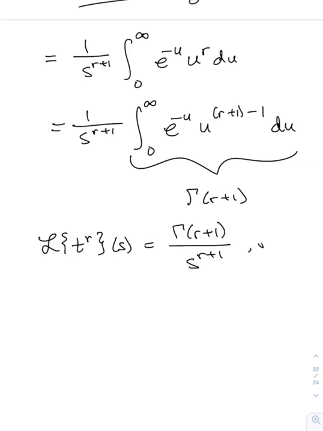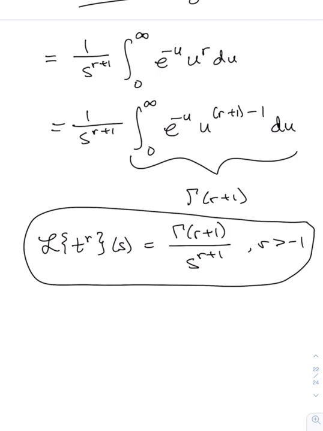And that's true when r is bigger than negative 1. And that matches our earlier rule, because remember, when r is a positive integer, then gamma of r plus 1 is just r factorial. So this is an extension of our earlier rule that allows us to use fractional powers of t when we're doing Laplace transforms.